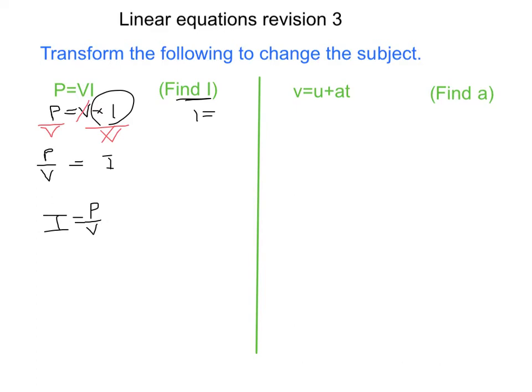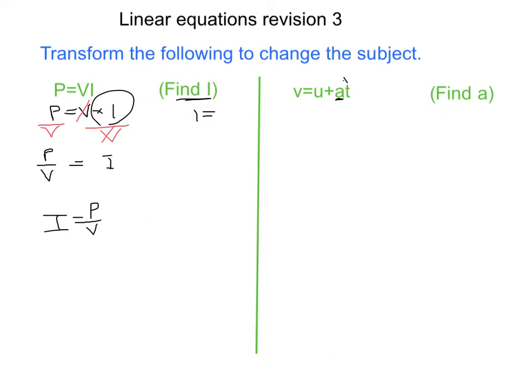Next question that we've got here, V is equal to U plus AT. This again is a question out of physics which is dealing with motion, and we want to rearrange this to find A. So this is written as V equals U plus AT, or A times T. We want to keep the A on its own, the T is joined on by a times sign and the U by a plus.